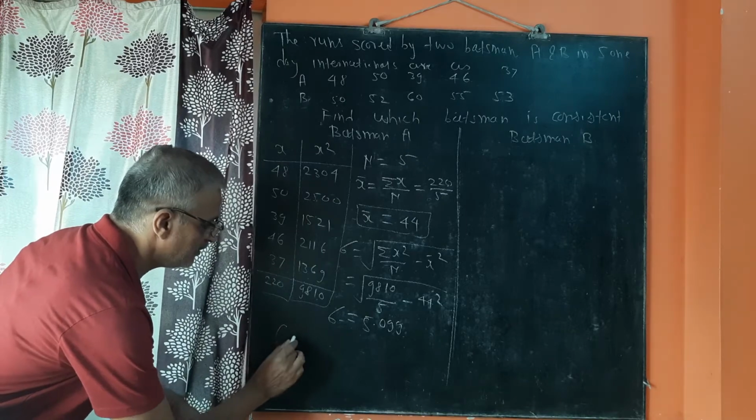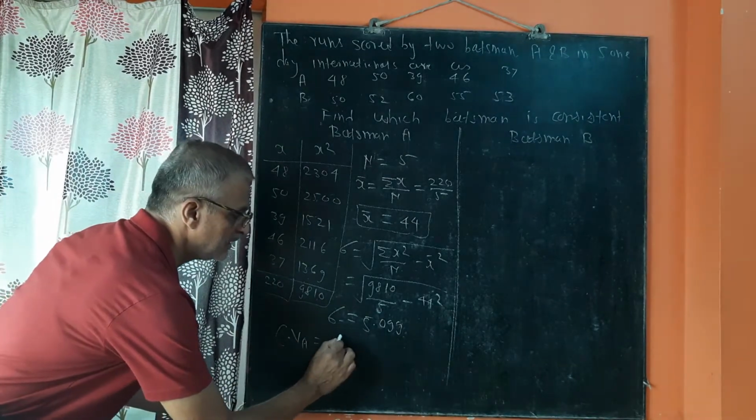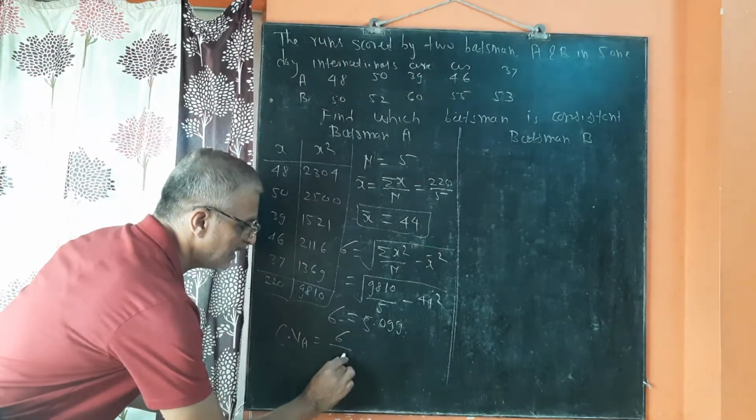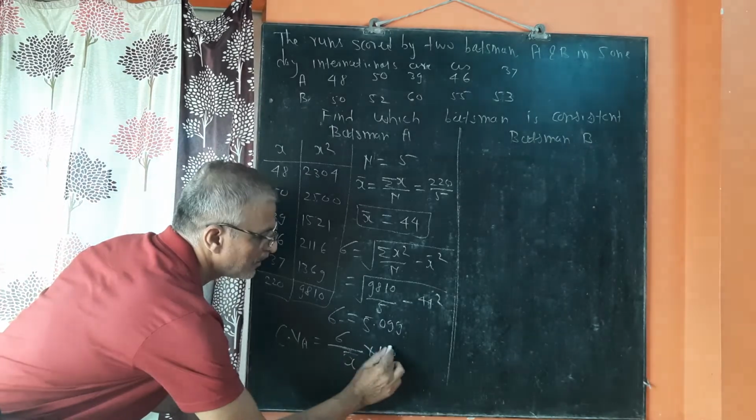Then CV of A, that means the coefficient of variance of A, equals sigma upon x bar into 100.